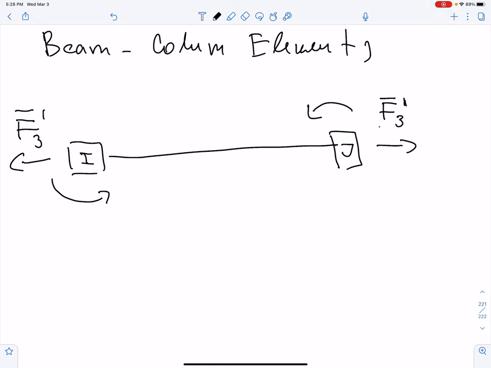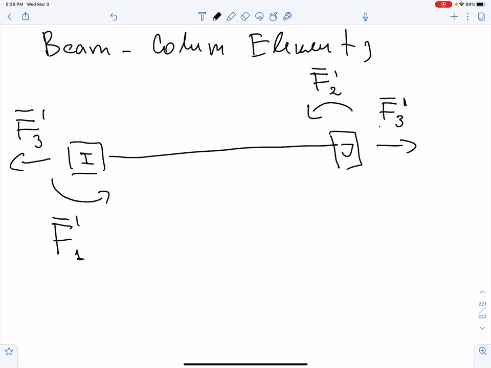We're gonna call the moment at node i F over bar prime 1. So don't be surprised, we're using the notation of the force to denote a moment. And F over bar prime 2. So these are the forces that can develop.